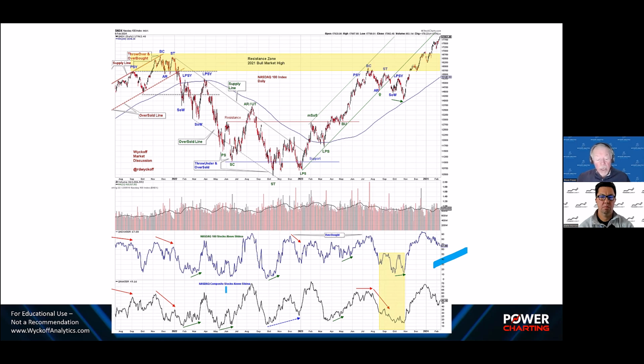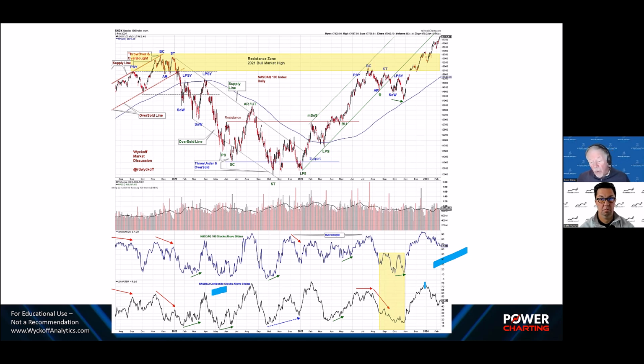And this below here is the NASDAQ composite, which encompasses the thousands of stocks in the NASDAQ. Well, notice what's happened even in the mega cap space of the NASDAQ 100. Look at the decline from over 90% of stocks above their 50-day moving average, now down to in the area of 67. And this is as of Feb 9, so Friday.